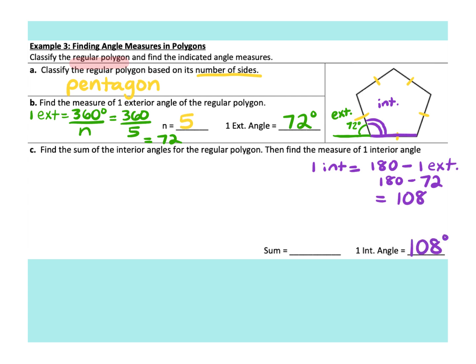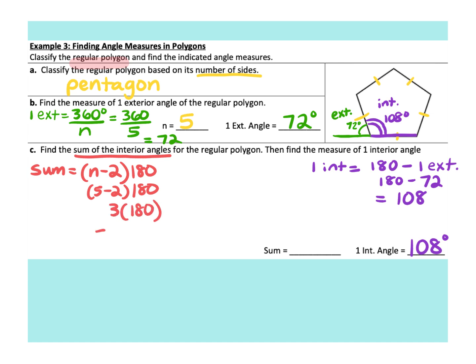Now, there's another way I can get it. The formula that you have in your notes will also work. In fact, I'm going to need to use it anyways because I have the sum of the interiors. So for the sum of the interiors, that's going to be n minus 2 times 180. Here, n is 5, so let's do 5 minus 2. So 3 times 180. Calculate that, and you get 540 degrees. Well, that's the total sum.